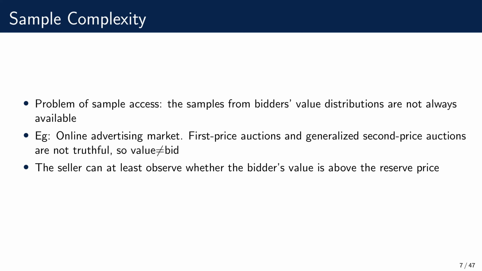For those non-truthful auctions, a bid may be computed by some complicated bidding algorithm behind the advertisers, so the bids cannot be viewed as samples of the bidder's value. However, from those non-truthful mechanisms, the seller can still at least observe whether the bidder's value is above the reserve price.